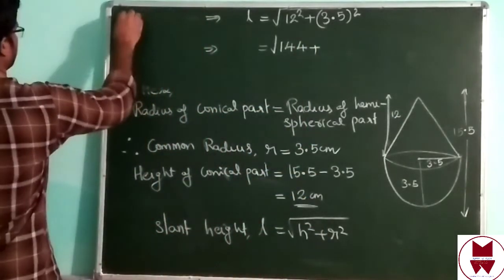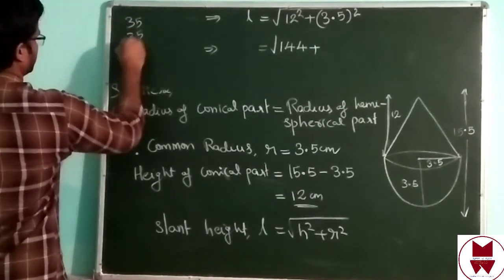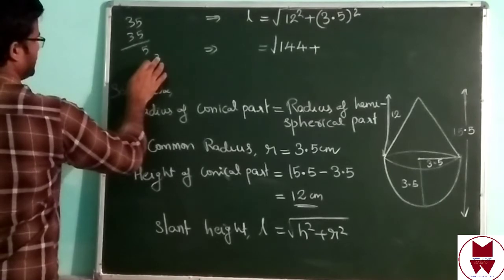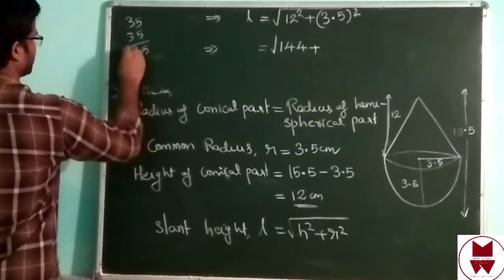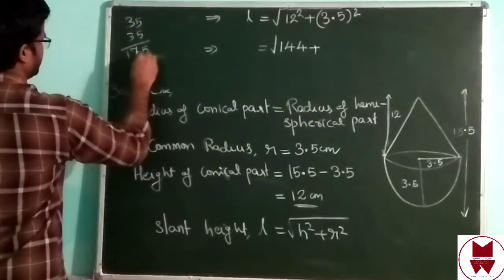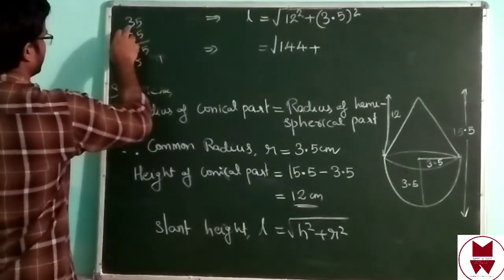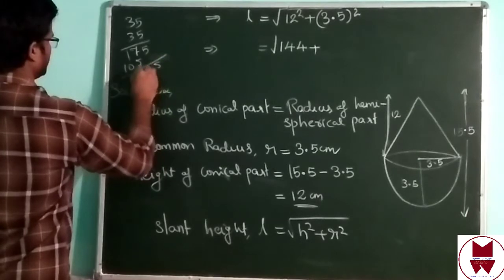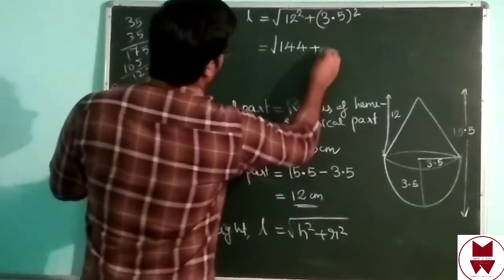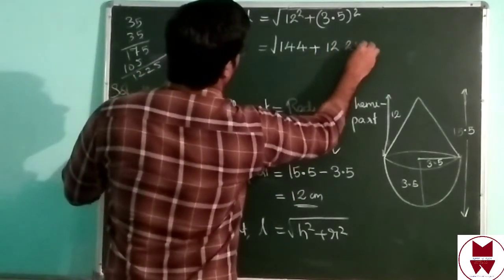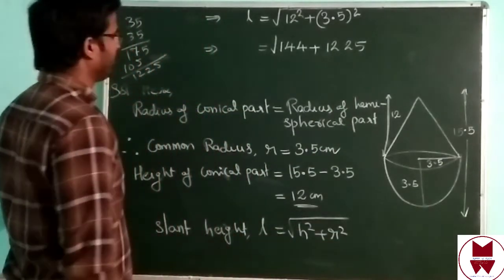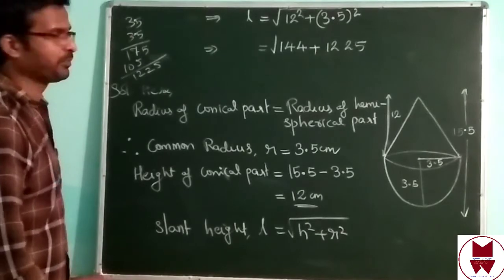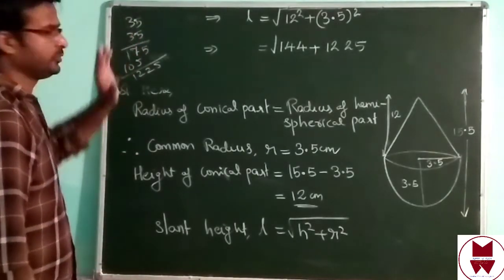You can multiply 35 into 35. 5 into 5, 25, 2, 5 into 3, 15, plus 2, 17, then 3 into 5, 15, remainder 1, 3 into 3, 9 plus 1, 10. 1225. Then when you multiply 3.5 into 3.5, after point how many numbers? 1, 2, 2 numbers.